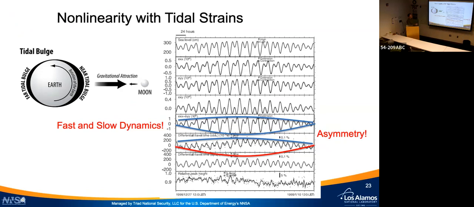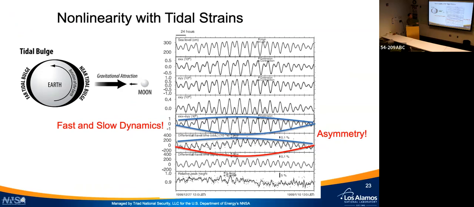I drew this on here to say that it's not completely symmetric, but the amplitudes are bigger in the middle, which is the time when the tides are the highest, and at the edges when the tides are the lowest. But if you look at the differential travel times, the peak to peak amplitude doesn't change very much over the cycle, even though the strain does.